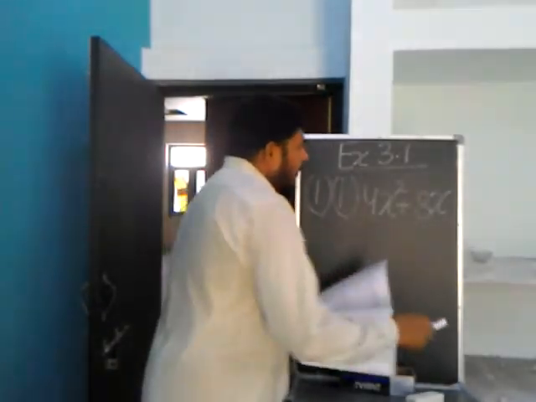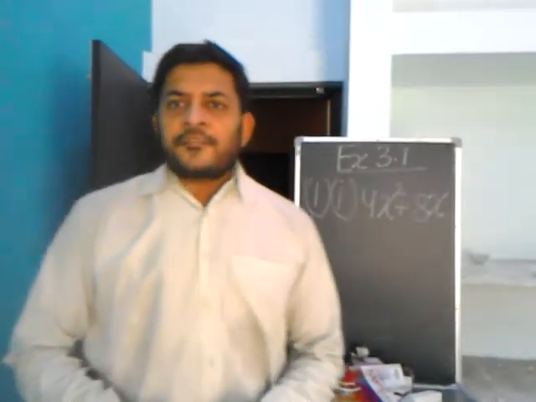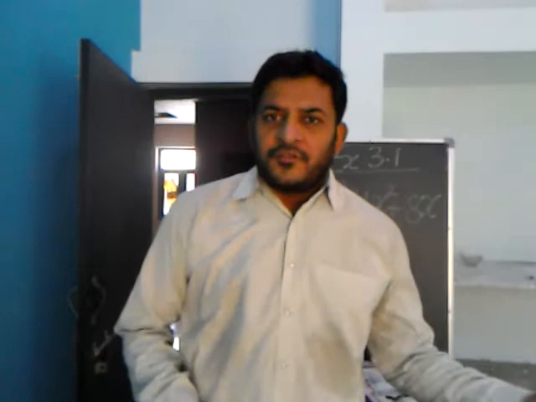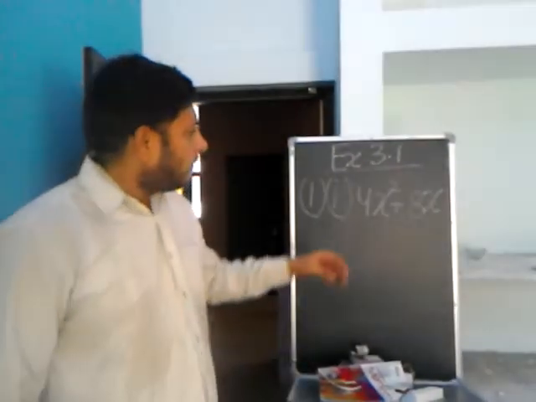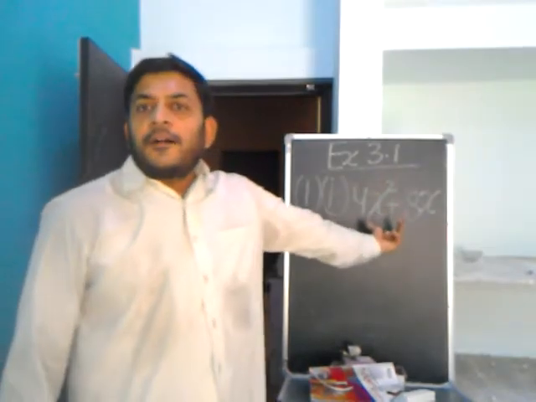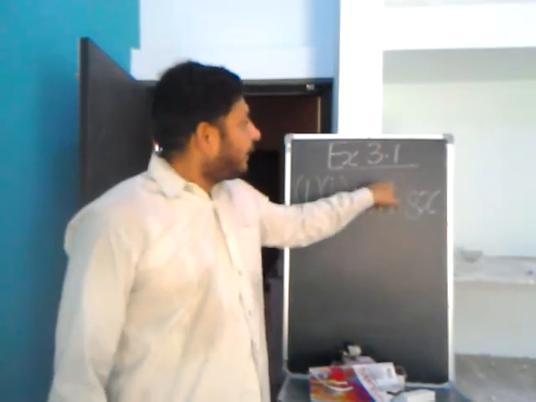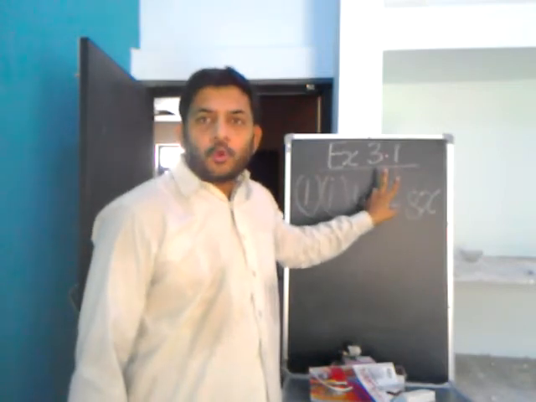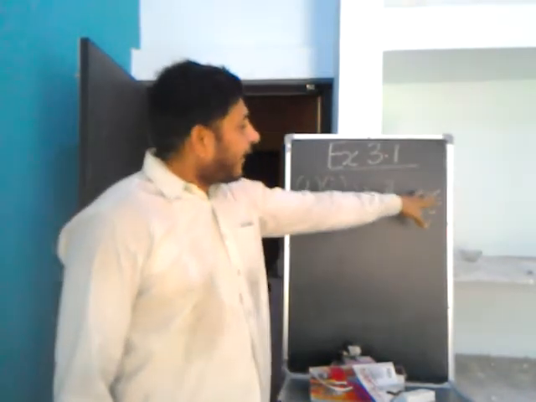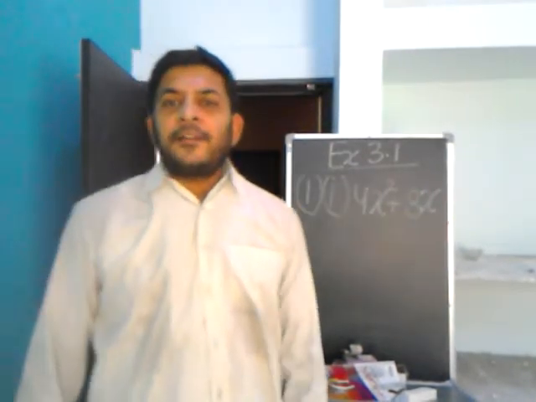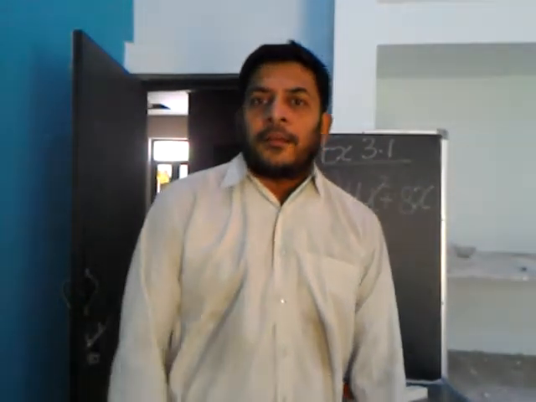So first of all, we shall find out what are the zeros of this polynomial. As we can see, there are only two terms. The first term has a variable with power square, and the second has a variable but its power is 1.